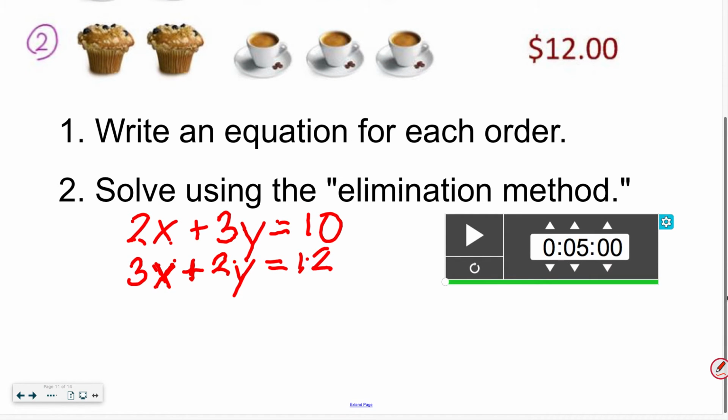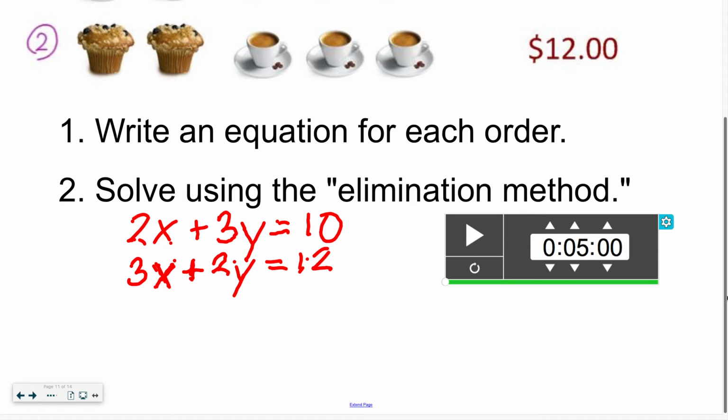So we want them to be on top of each other like that, so when we add them together, we can see what we're doing. When we manipulate, we can see what the coefficient of x's are, what the coefficient of y are, what we want them to be. So how do we manipulate these? Can we just add these together and cancel out one of the variables? When we add these together, do we cancel anything out?